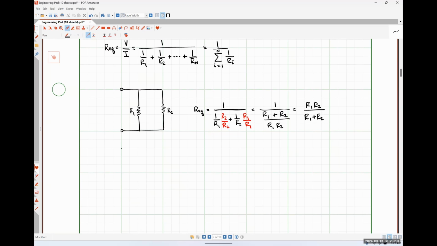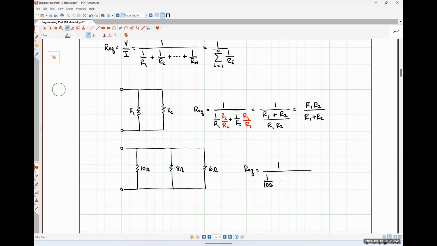So if I had a 10 ohm resistor in parallel with an 8 ohm resistor in parallel with a 6 ohm resistor, if I do Req as 1 over 1 over 10 ohms plus 1 over 8 ohms plus 1 over 6 ohms, I will get some number that I can't figure out off the top of my head.